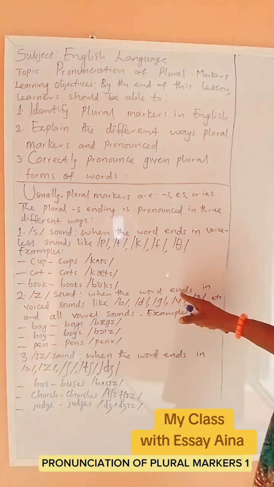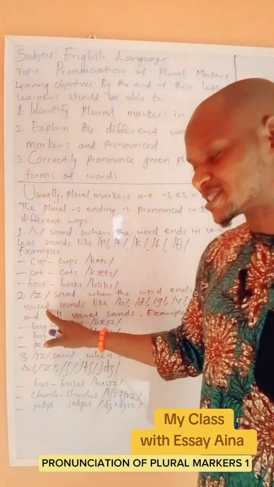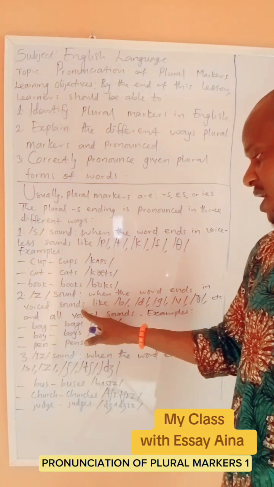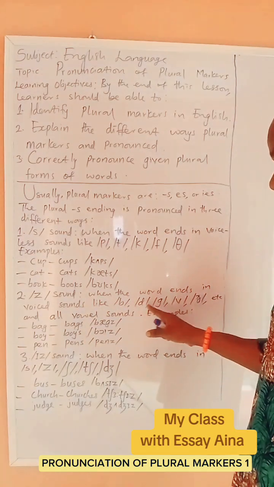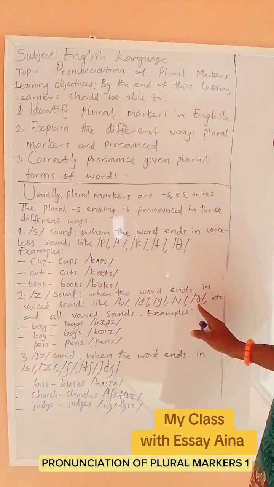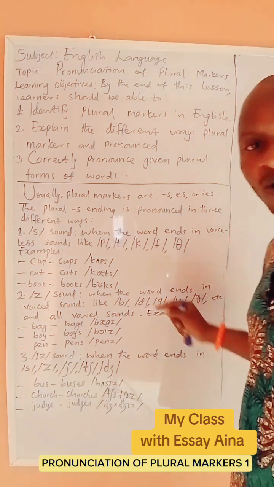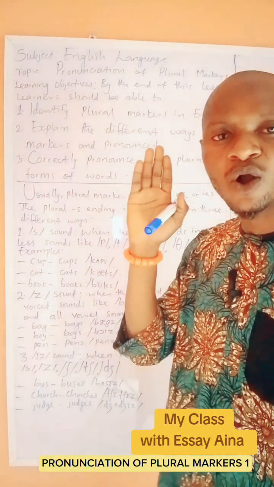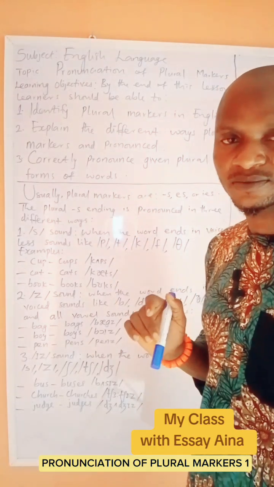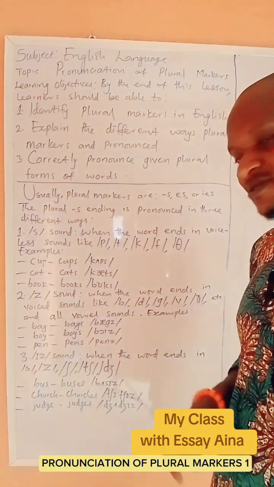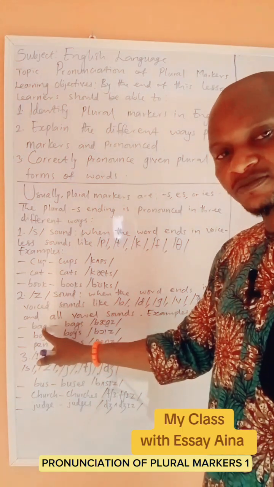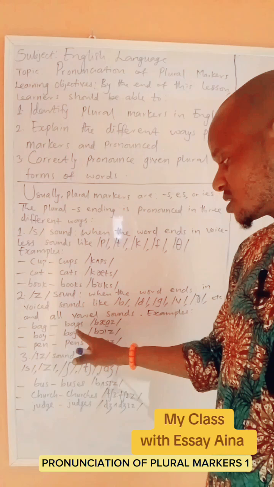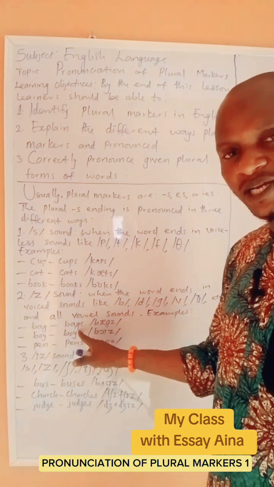When the word ends in voiced sounds like b, d, g, v, and other voiced consonants, and also all the vowels. For instance, bag. The plural of bag is you add s to bag.